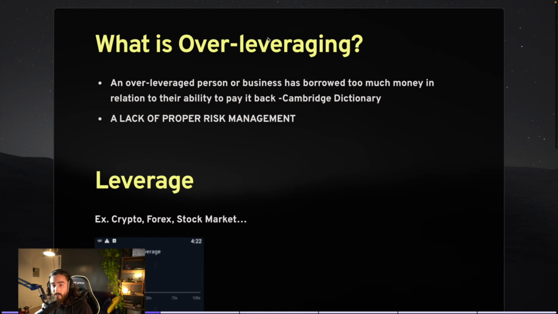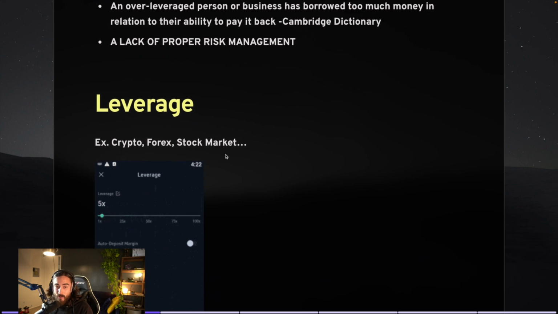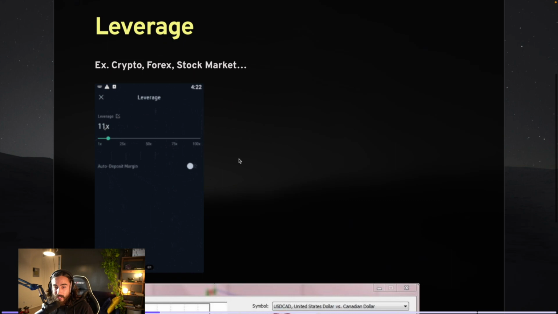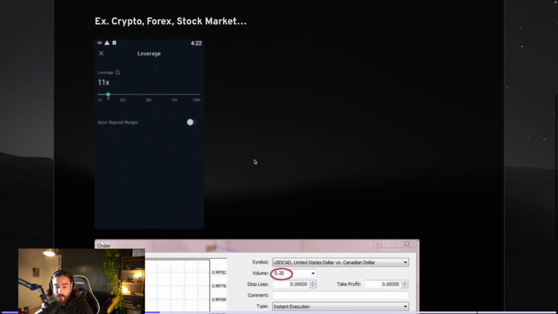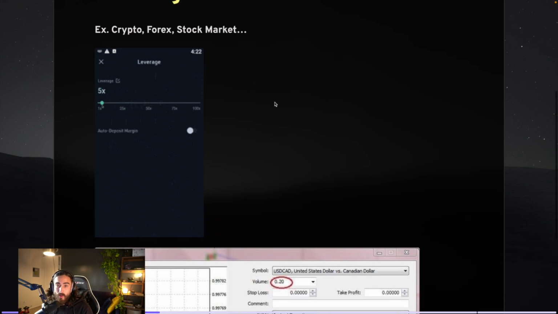Now, to understand what over leveraging is, you want to understand what leverage is, and based off of the market that you're trading, you want to understand what that looks like. Whether it's crypto, the Forex market, or the stock market, you want to understand what that looks like in your platform. A lot of times crypto will show as 1x, 25x, 50x, and it's a moving scale.